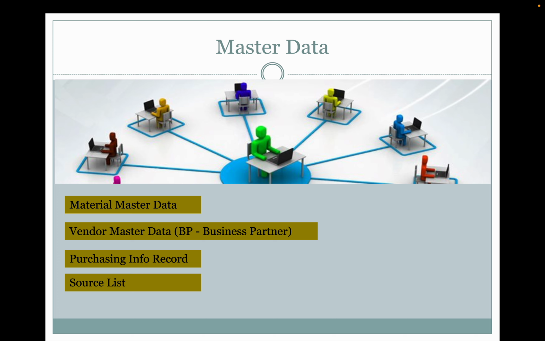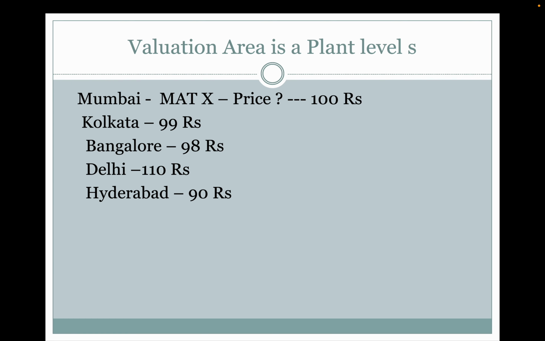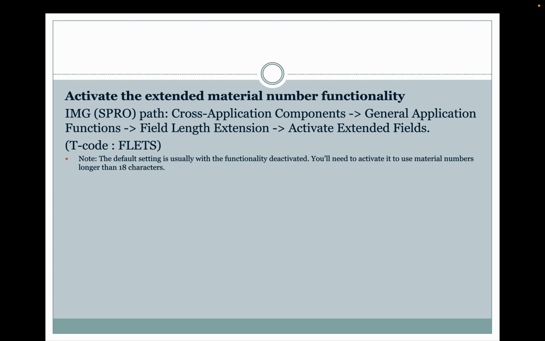If I want to see a report for this material, how many suppliers are listed for this plant, we can check that in the source list: the list of all the suppliers for the material in the plant. And it's not only for the list of the suppliers, there are other functionalities we can check also. So let's go with understanding what the source list is.